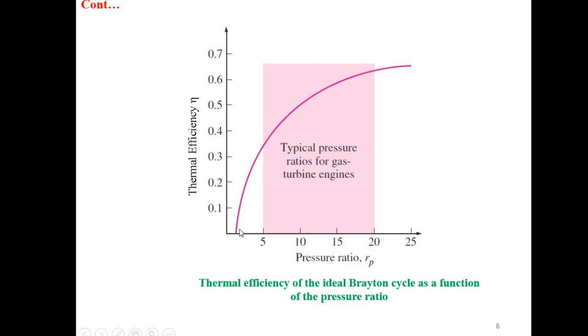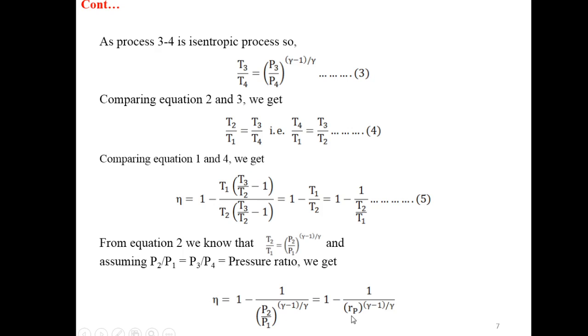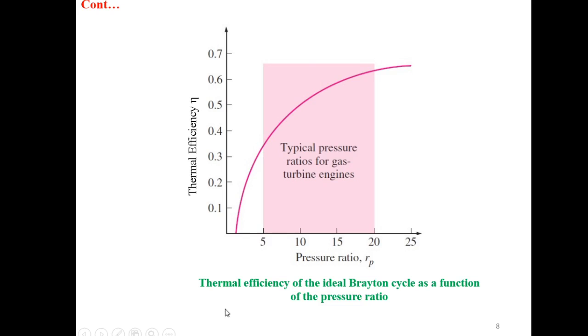You can see if we increase the value of RP, then the value of thermal efficiency will increase in this way. After some pressure ratio, this increase in efficiency is not much, and the slope will be like this. This curve will be like this.